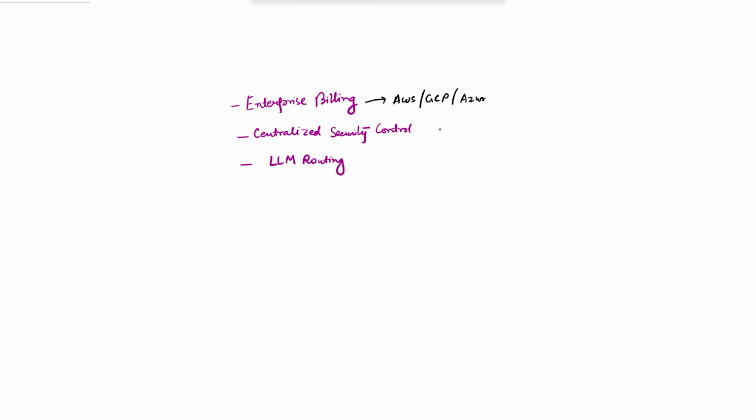Using centralized security control, IT administrators can manage and secure access, control budgets, and monitor workflows centrally through their own cloud provider. And custom LLM routing provides the flexibility to route Cowork usage through internal proxies like Ollama or LM Studio.